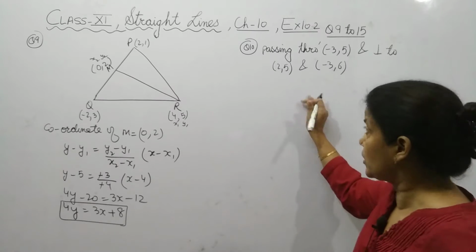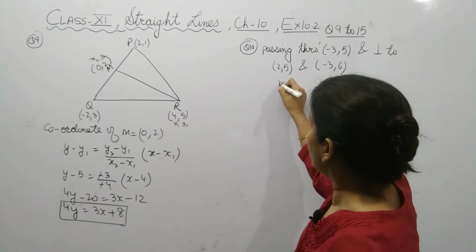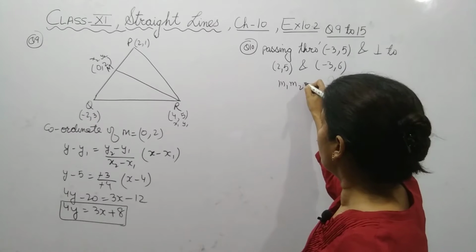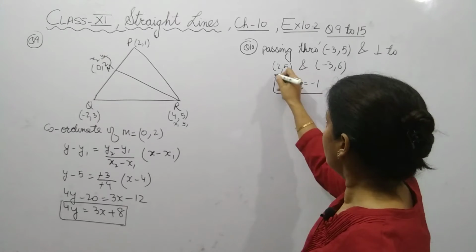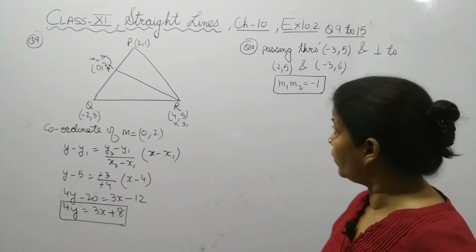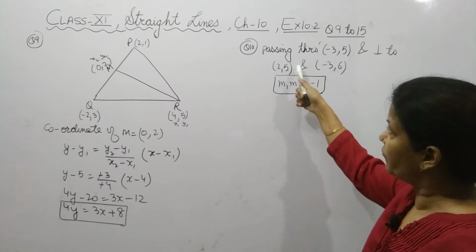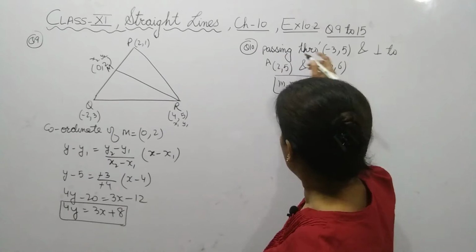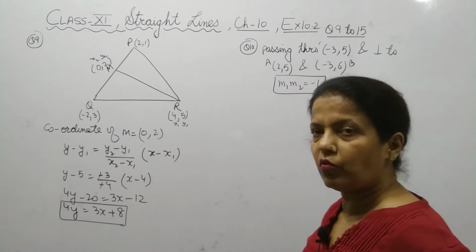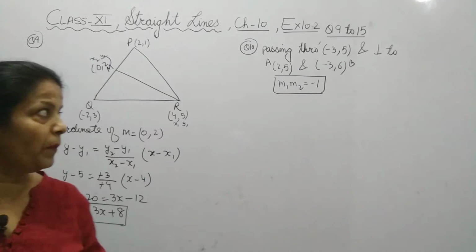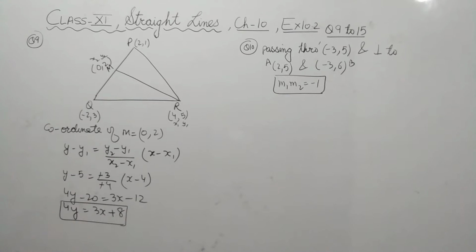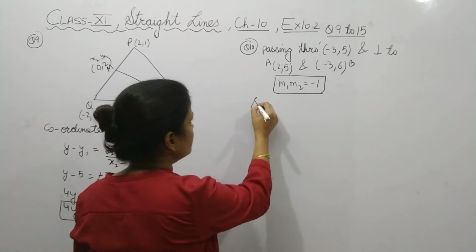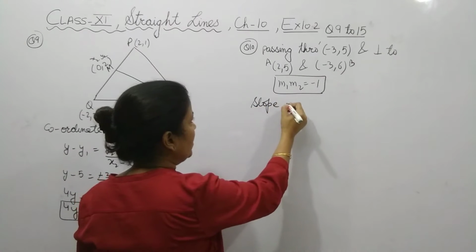It means that m1 times m2 equals minus 1. This condition we can apply. So we will find the slope from these 2 points. Let this coordinate be A and this be B. So we will find the slope of AB.